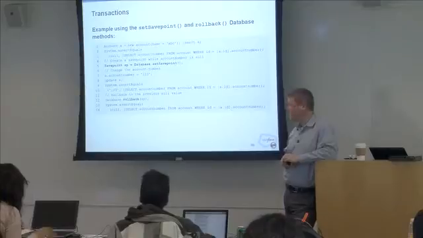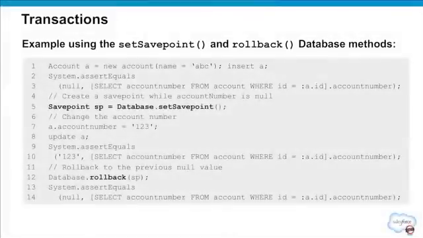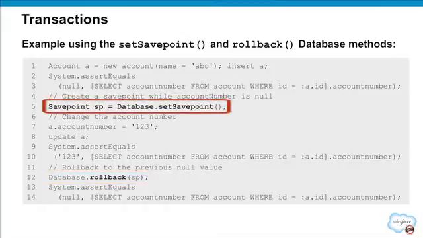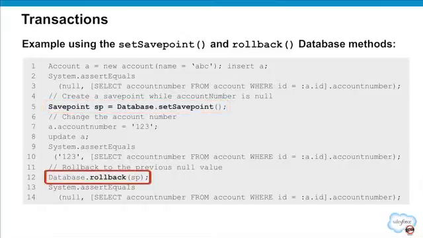and based on the success or failure of those, either not roll them back, or, on line 12, use that reference to the savepoint if you wanted to roll back those operations that have occurred between the setting of the savepoint and the call to the rollback method.